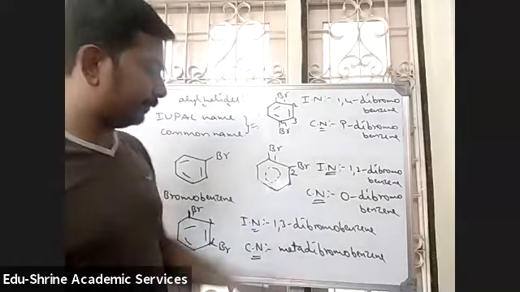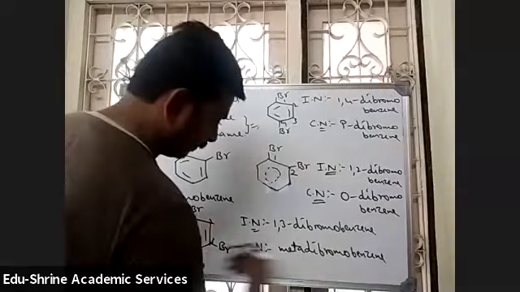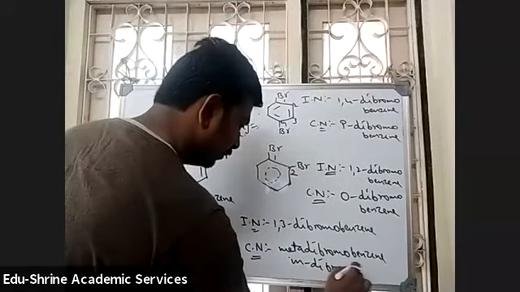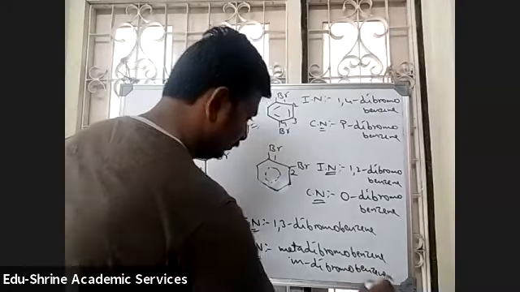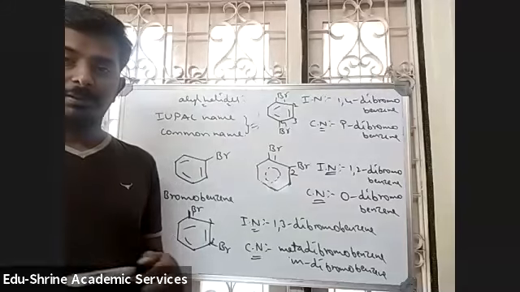We can write P for para, and M for meta, meta-dibromobenzene.